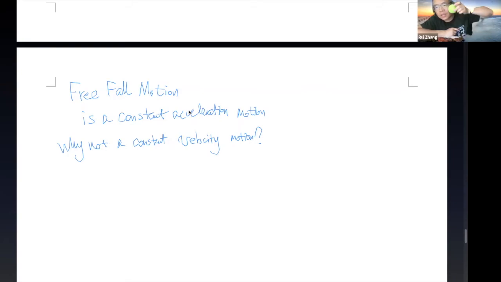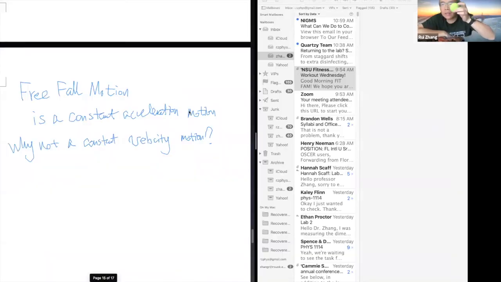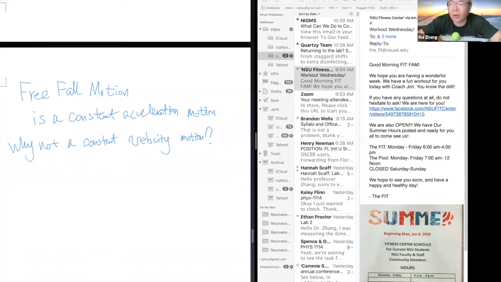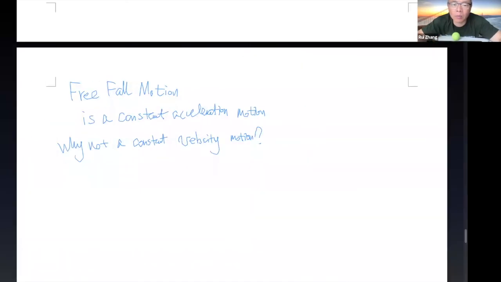So this thing is going to stay there instead of falling. The fact that you see this thing start from rest and then go down tells you it cannot be a constant velocity motion. There has to be an acceleration. Otherwise, you cannot move at all.